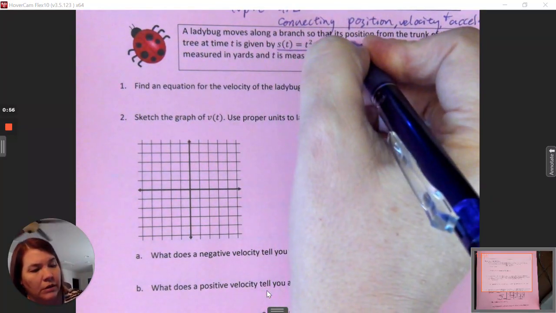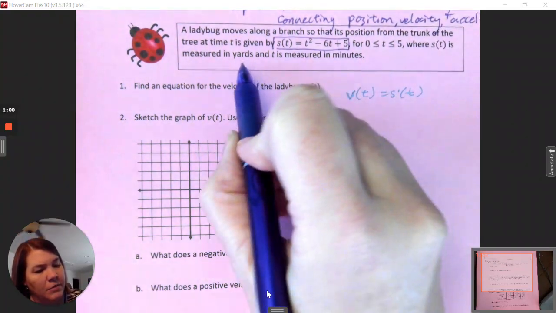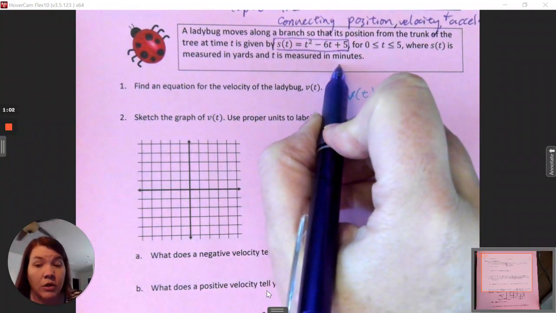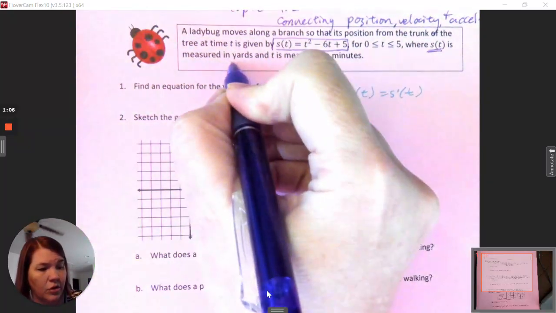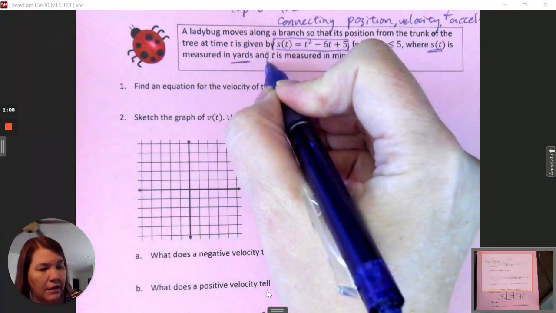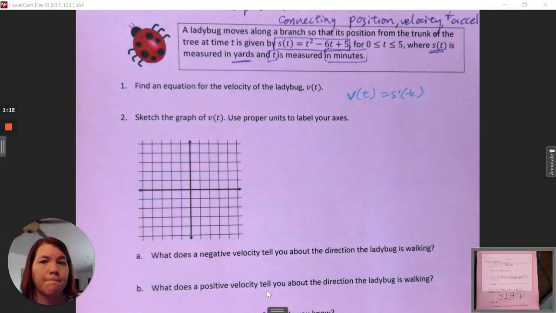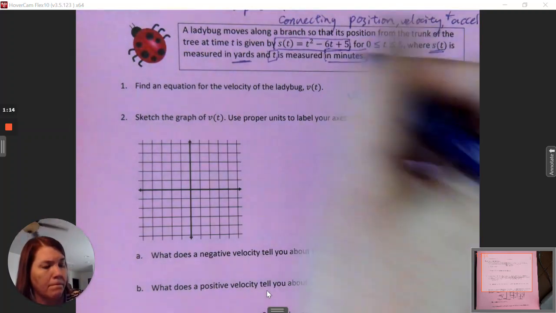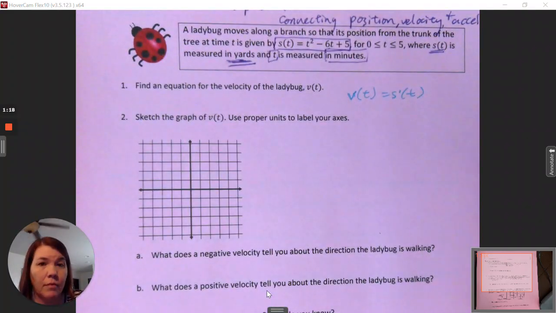The equation is clearly always important. The units are really important. So S of t is yards and t is minutes. Okay. So that's what we're dealing with.